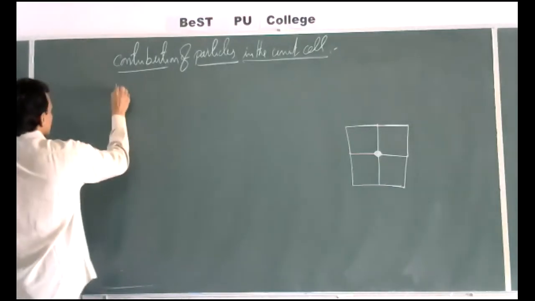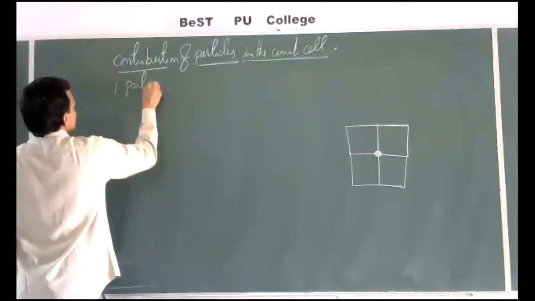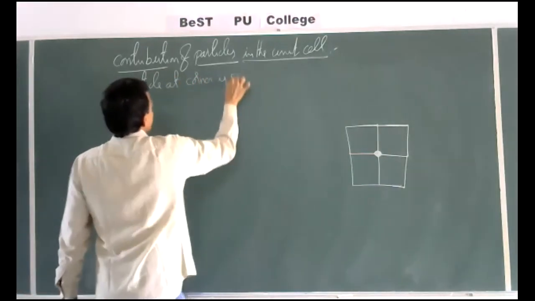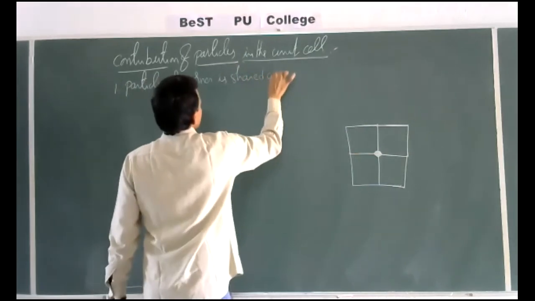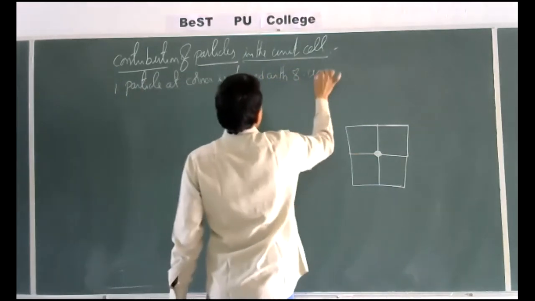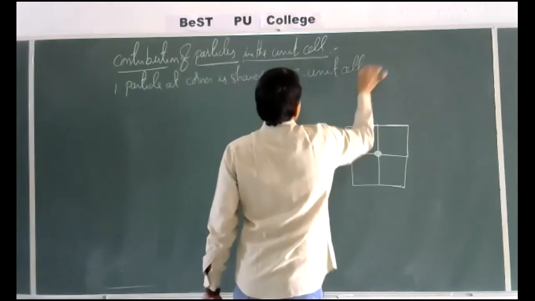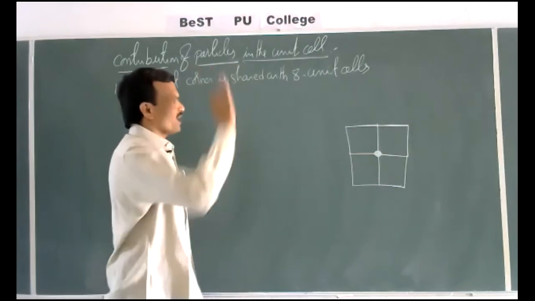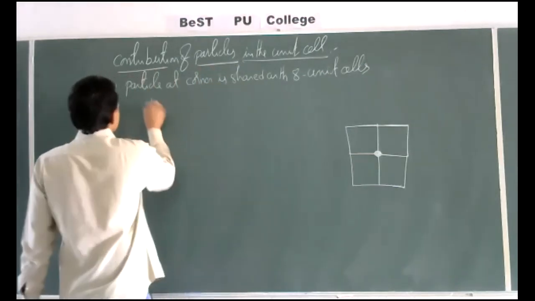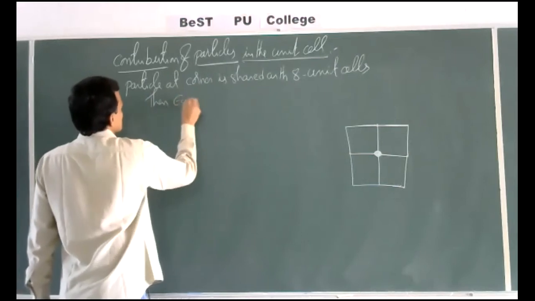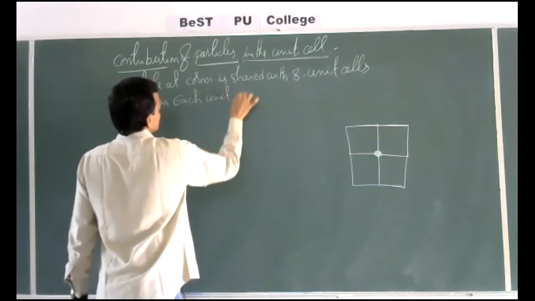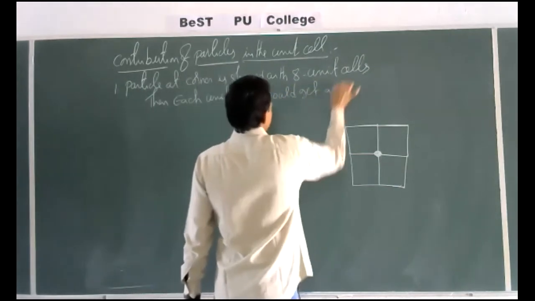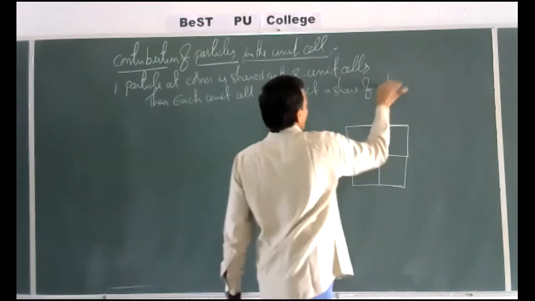Now let us see the first one. A particle at the corner is shared with 8 unit cells. Means the corner particle belongs to the corner of 8 unit cells. Then each unit cell should get a share of 1/8.